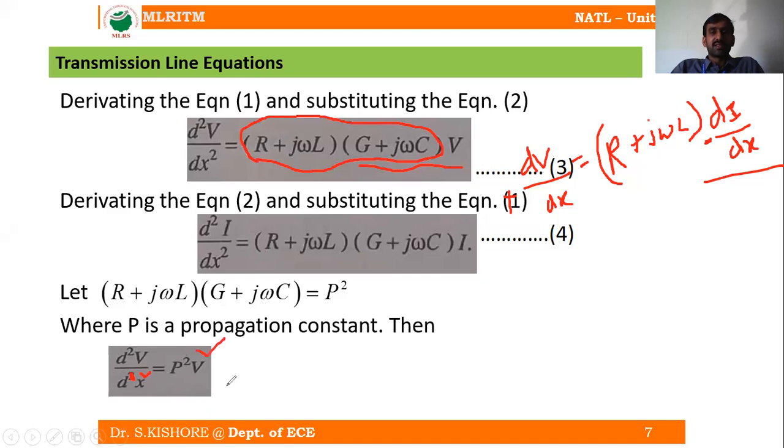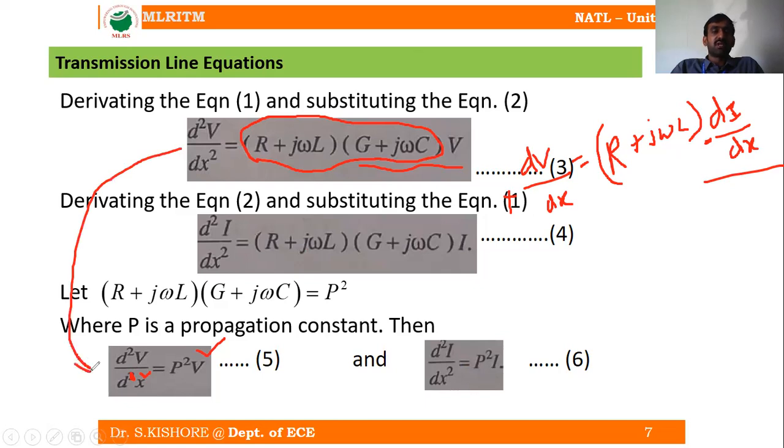So let us consider this as equation number 5, d square I by dx square is equal to p square into I, because here again this equation 5 is coming from equation number 3, and 6 is coming from equation number 4.